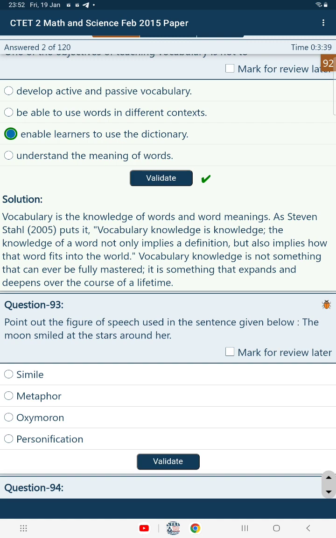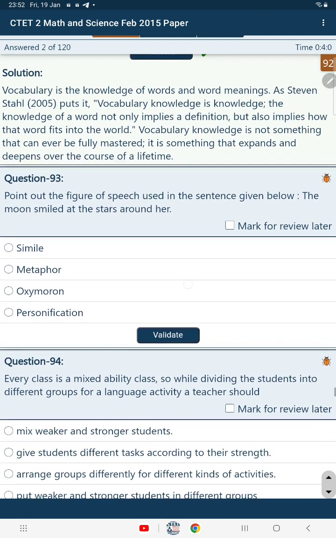Vocabulary knowledge is not something that can ever be fully mastered. It is something that expands and deepens over the course of a lifetime. So the answer is that. Next question, let's see.